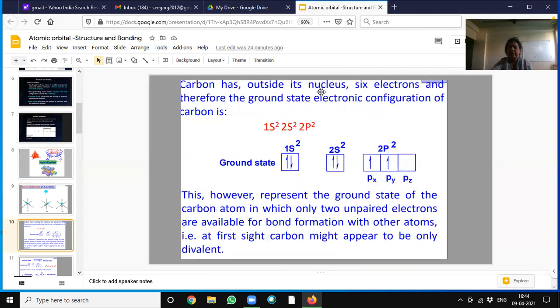Carbon has outside its nucleus 6 electrons, and therefore the ground state electronic configuration of carbon is 1s2, 2s2, 2p2. This, however, represents the ground state of the carbon atom in which only 2 unpaired electrons are available for bond formation with other atoms. That is, at first sight, carbon might appear to be only divalent.